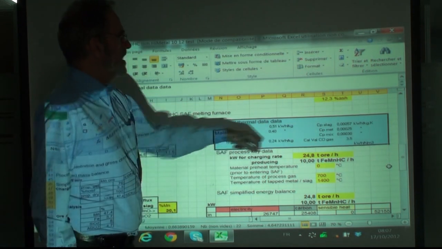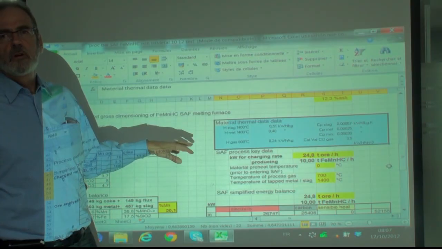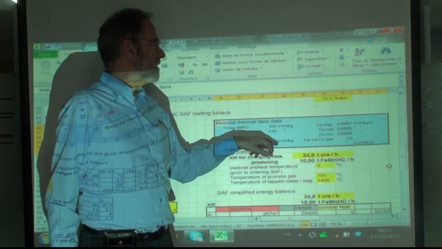For the gas, of course, we know exact values.